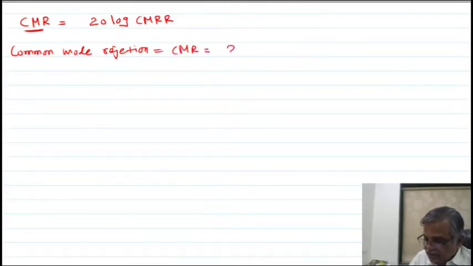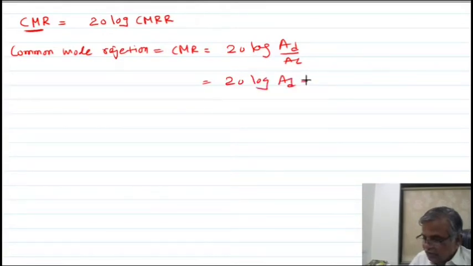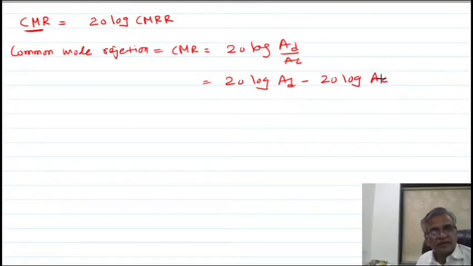So I can write 20 log AD by AC, or I can write 20 log AD minus 20 log AC. This is only for the numerical I am discussing. Suppose someone wants to measure the CMRR, so you can measure it by this.